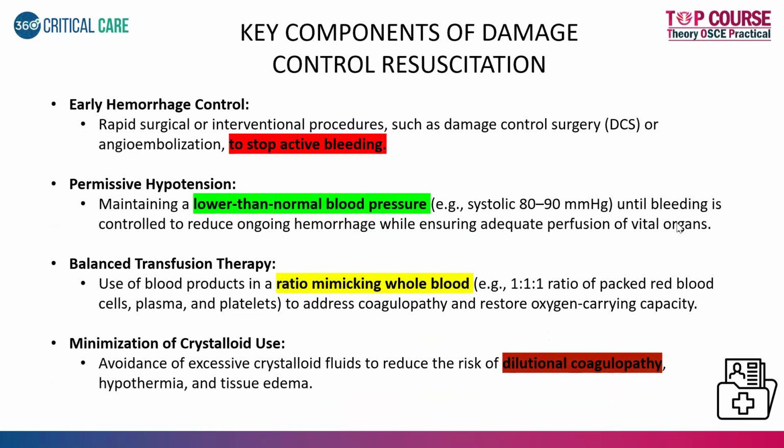Minimal crystalloid use as possible should be the goal, because inadvertent overuse of crystalloids can cause dilutional coagulopathy. So one important thing is the ATLS: remember, 1 liter, that is what has been mentioned. That itself is sufficient for us to tell whether the patient is a responder or a non-responder.